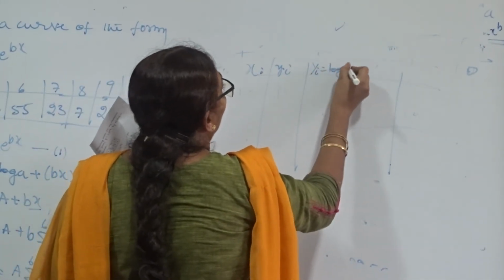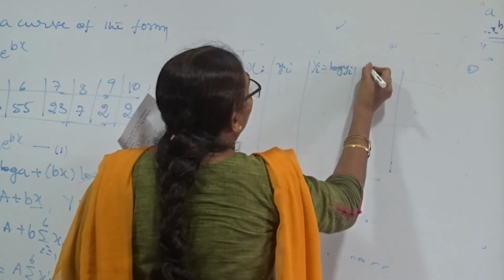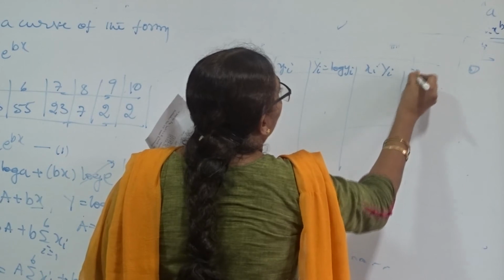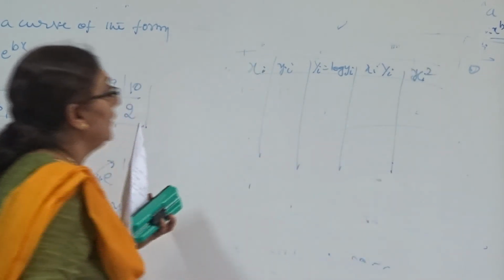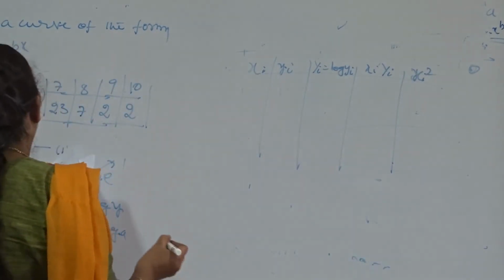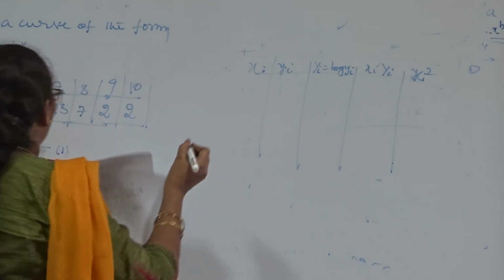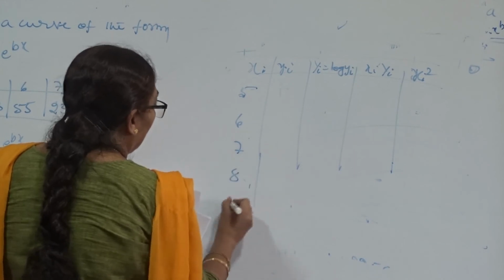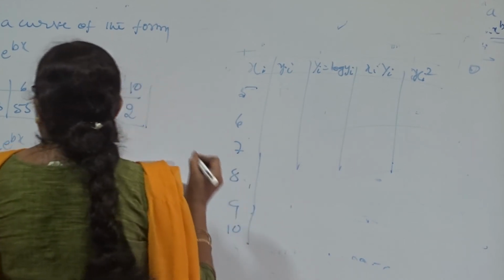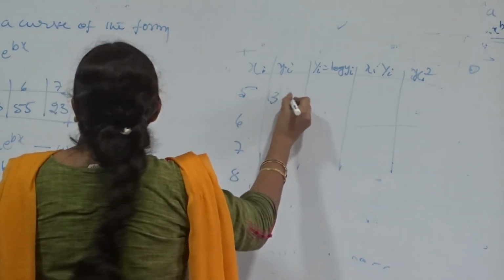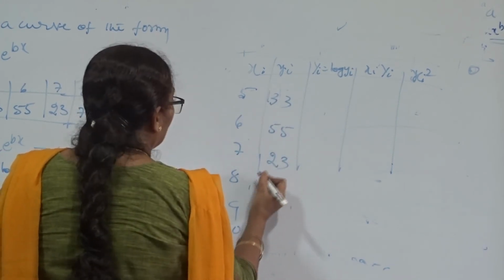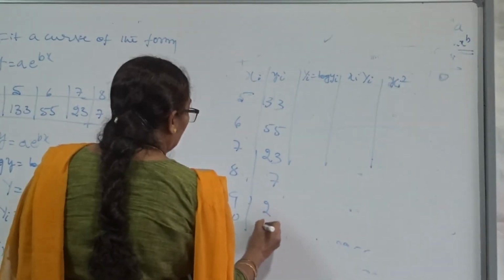Log of small y. And then xi capital Yi and xi square. You take the values of x as 5, 6, 7, 8, 9, 10, and then write the corresponding y values: 133, 55, 23, 20, 7, 2.